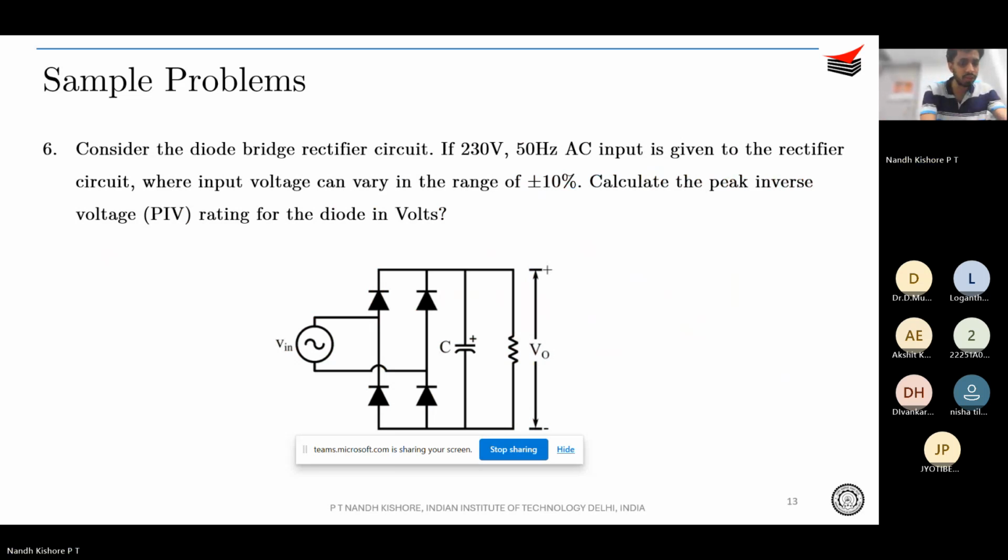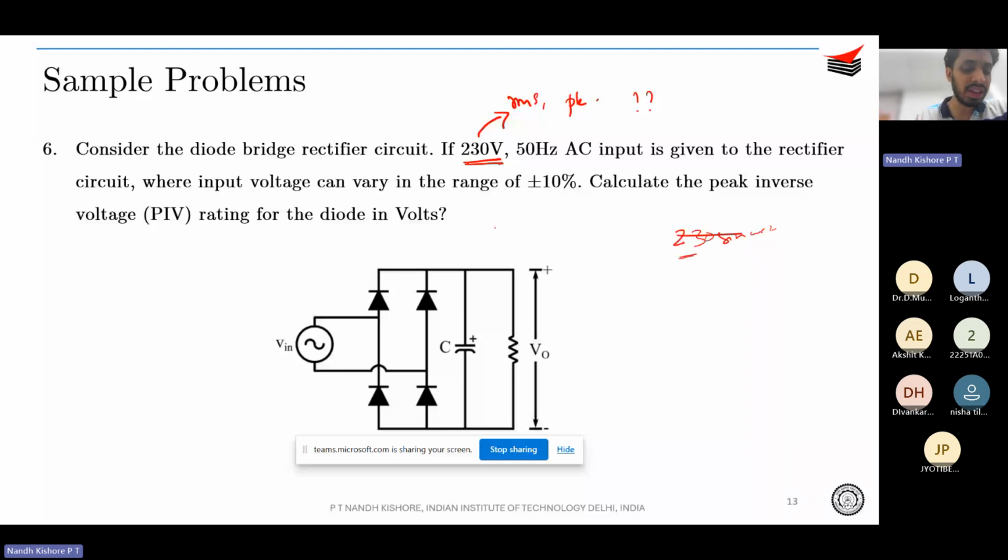See, one thumb rule is, if they only give something like 230 volt, is this RMS value or is this peak value? RMS value. Okay, so it's an RMS value. Only if they specify something like 230 sin omega t, then 230 becomes peak, or else if they just give the number, it means it is just an RMS value.